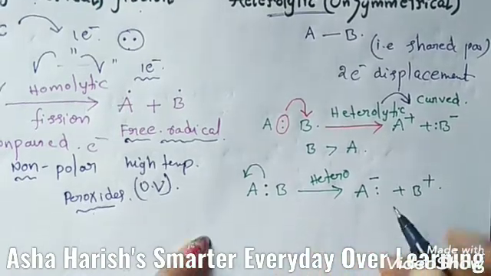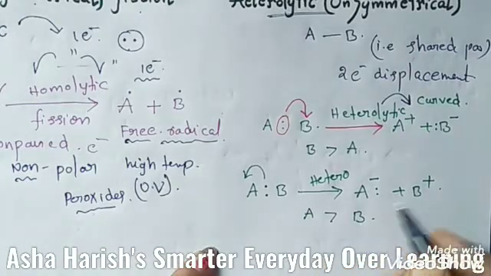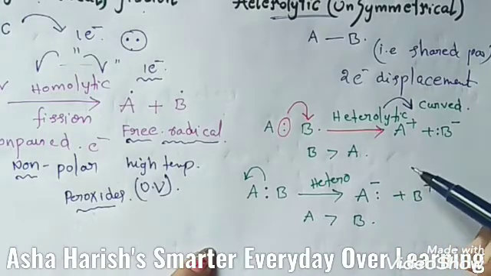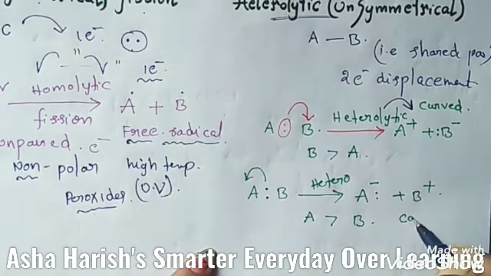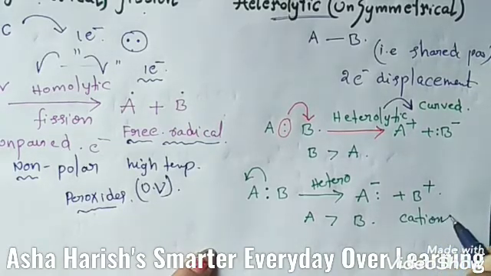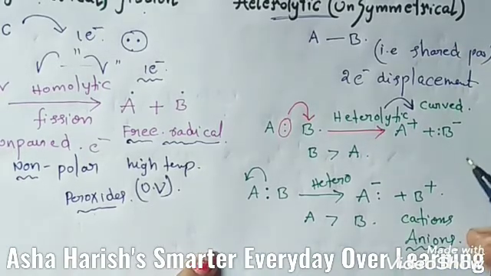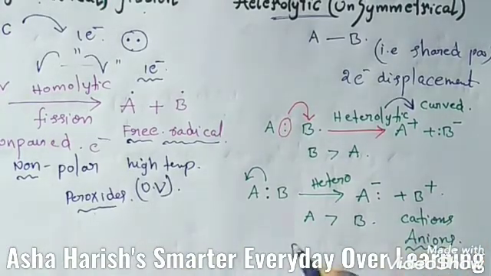In this case, A is more electronegative than B. As shown above, heterolytic fission results in the formation of charged species, cations and anions. It usually occurs in polar covalent bonds and is favored by polar solvents.